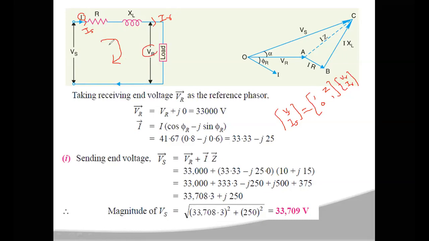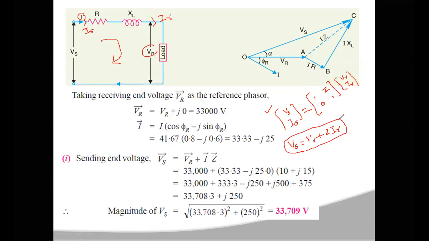That transmission line current will be the same at the sending end as well as at the receiving end for short transmission lines. So from this matrix model, you can say that VS is equal to VR plus Z into IR. By using this formula, you can calculate your VS.